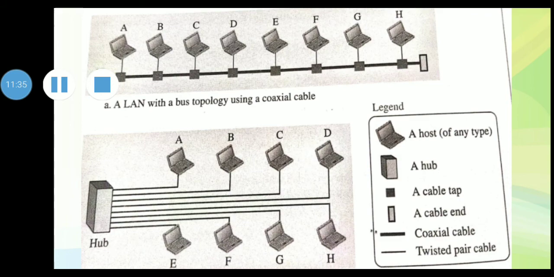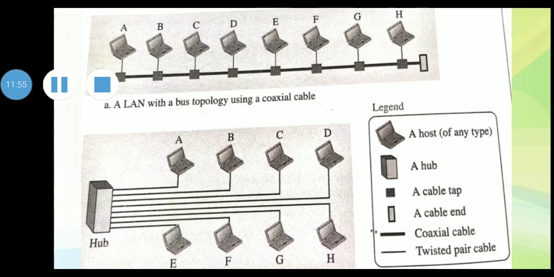So next we'll see about the efficiency of standard Ethernet. The efficiency of Ethernet is defined as the ratio of the time used by a station to send data to the time the medium is occupied by the station.